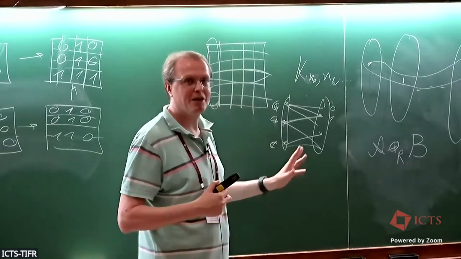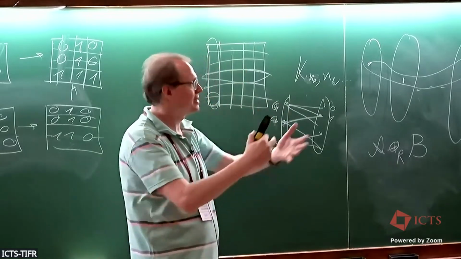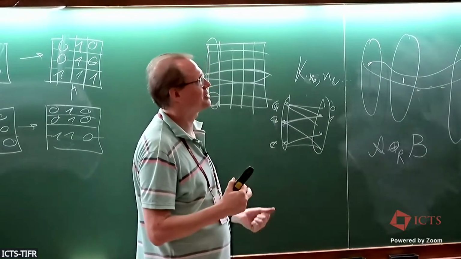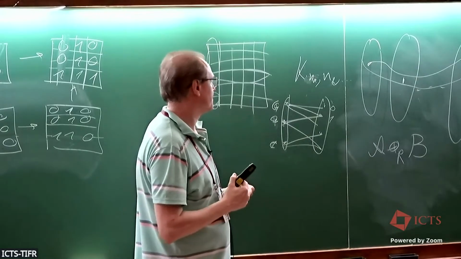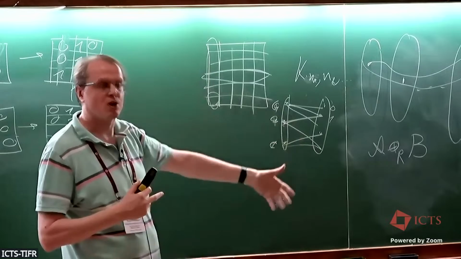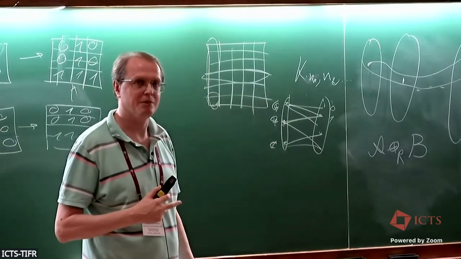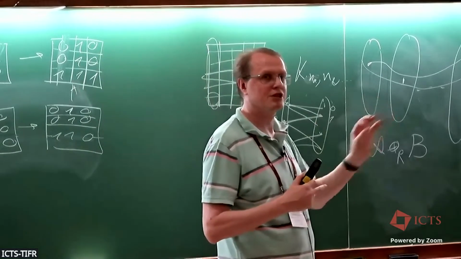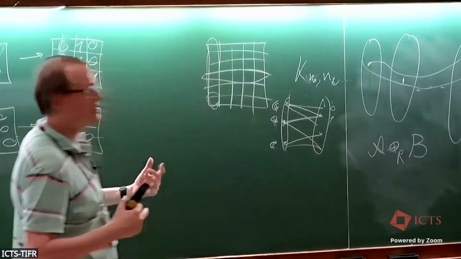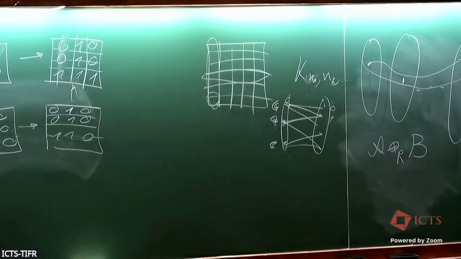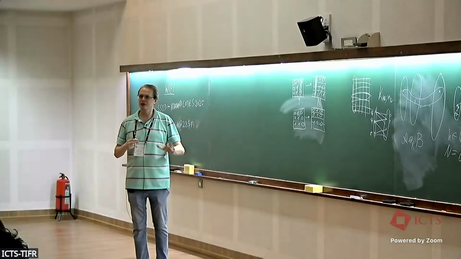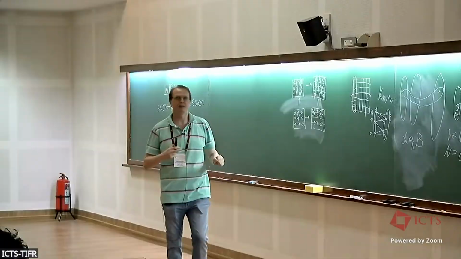But in high dimension, unfortunately, it looks like this is a different concept. It's stronger than agreement testability, so it's not enough to just have agreement testability. At least currently we don't know any construction that gives you codes of dimension higher than 2 from just agreement testability. But in 2 dimensions, agreement testability is more than enough.